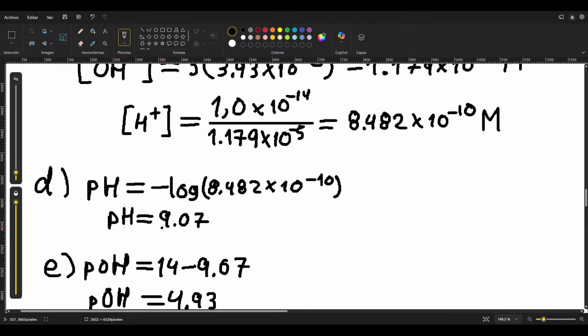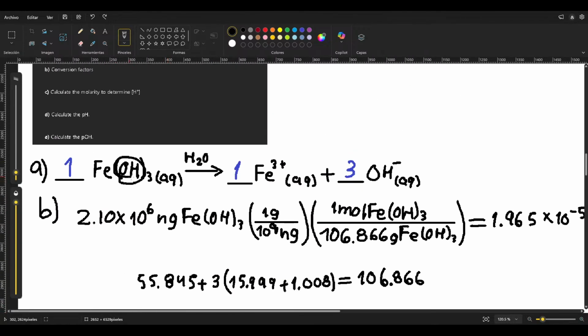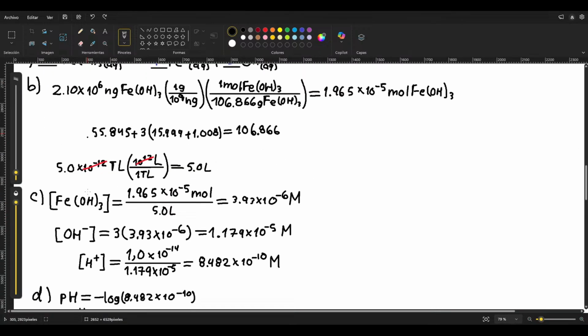And by the way, the pH is greater than 7, which is correct because it is a basic solution. So it's correct.